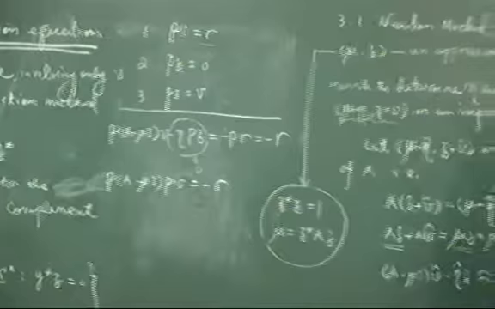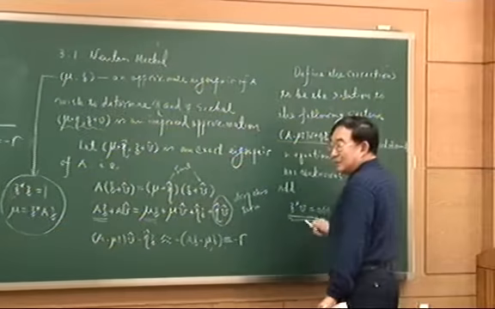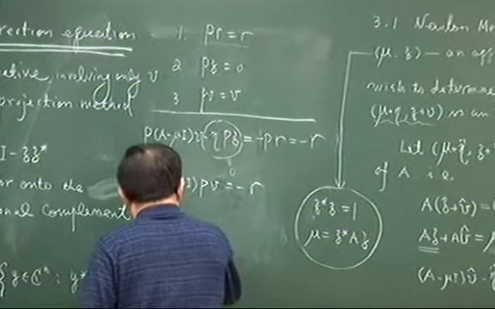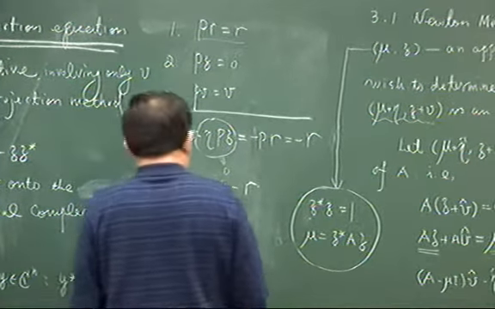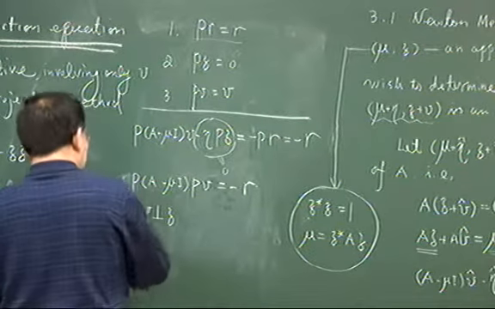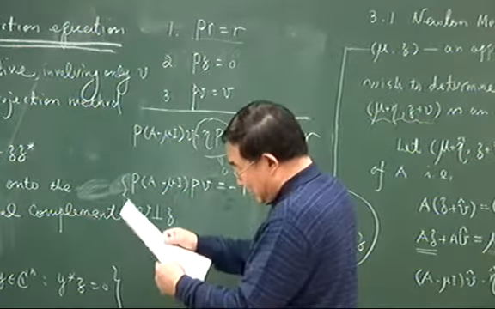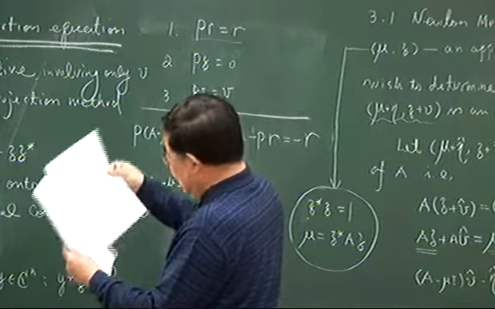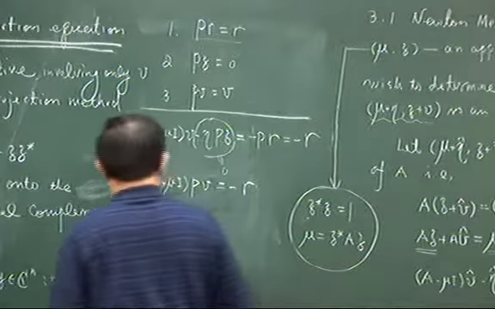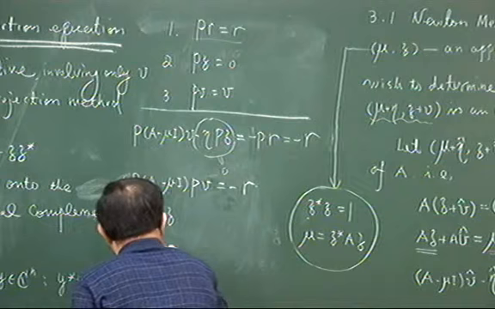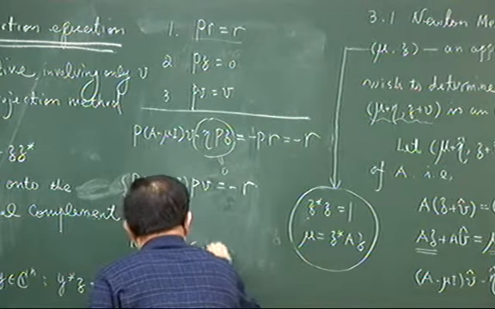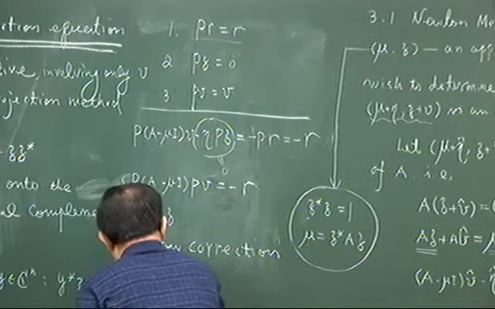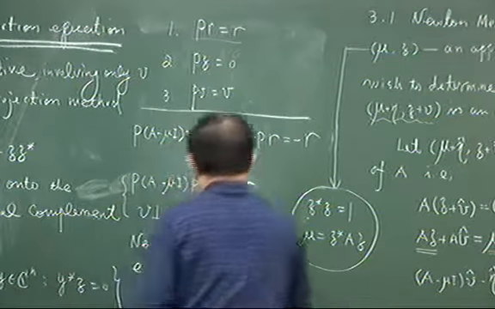Now the second equation says v must be orthogonal to z. So we got the equation. This equation is what we call the Newton correction equation.